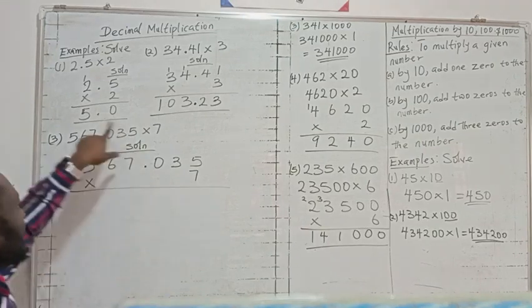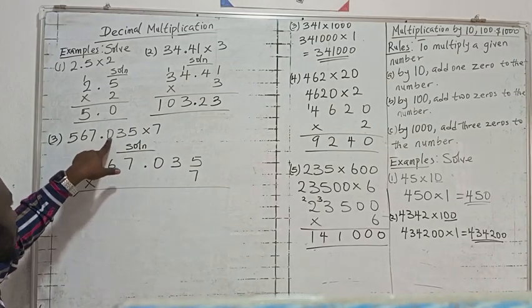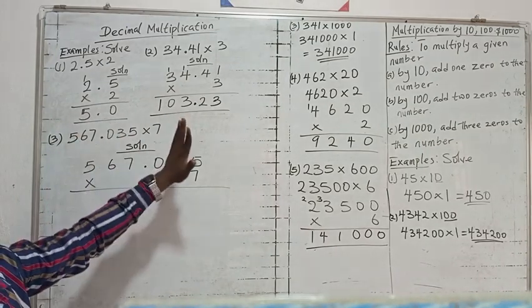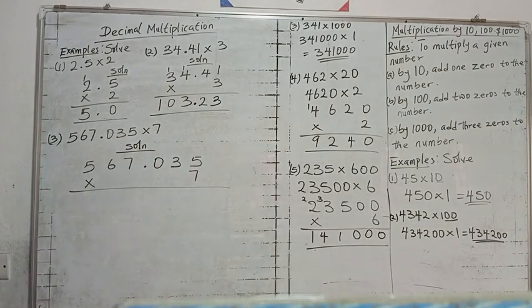So since this decimal number has 1, 2, 3 digits in the decimal part, it has 3 decimal places.